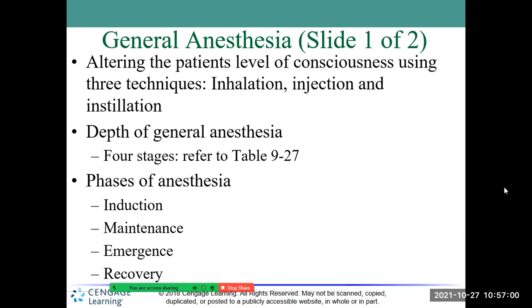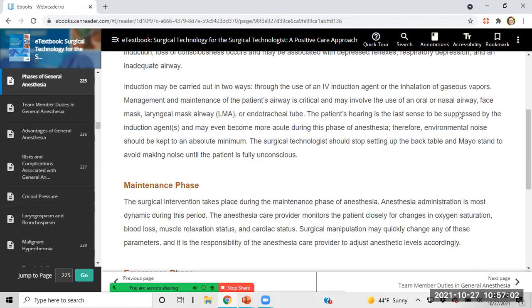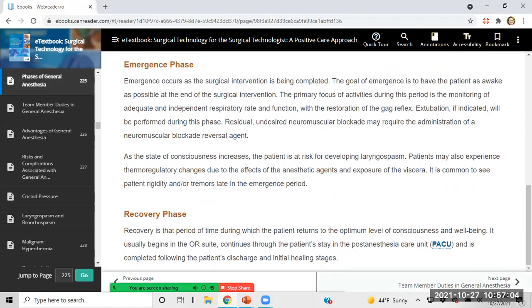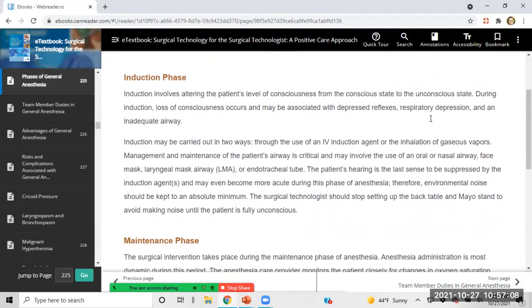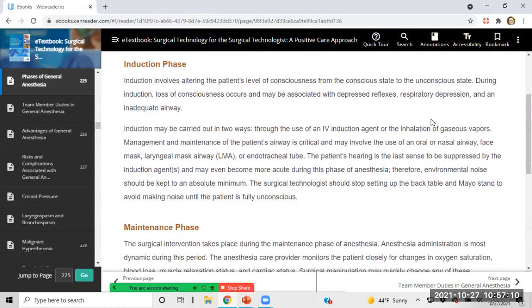So let's look at that. It's really important that you have a good idea about these phases. Like I talked about earlier, induction is the time when their state of consciousness is going from conscious to unconscious.